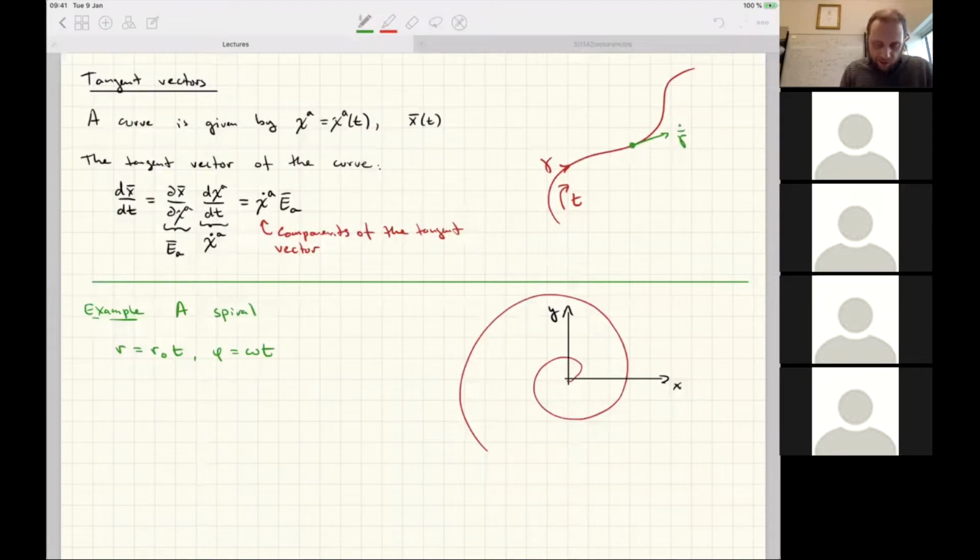In this case, r dot is just the derivative of r with respect to t, so that's r0. Phi dot would be the derivative of phi with respect to t, which is omega in this case. This means that the tangent vector, gamma dot, would be equal to r0 E_r plus omega E_phi.